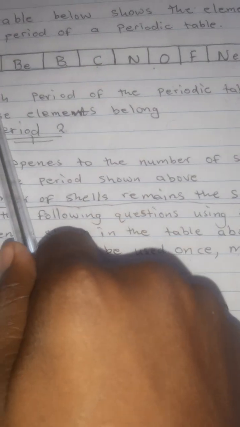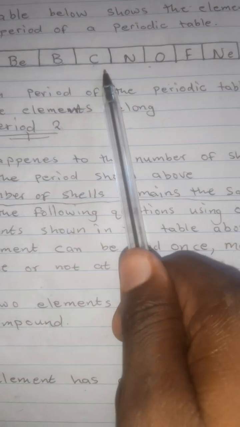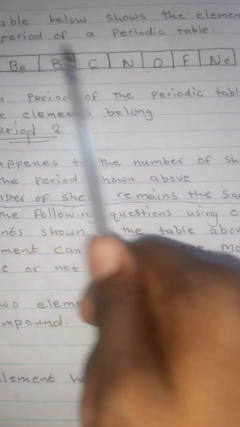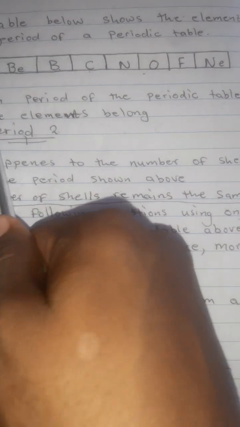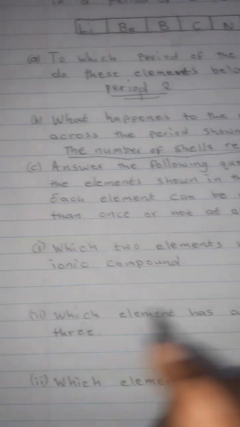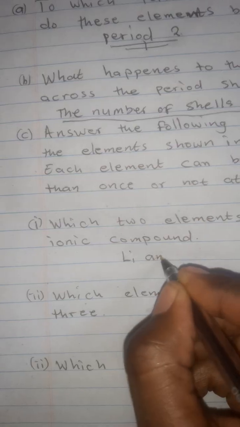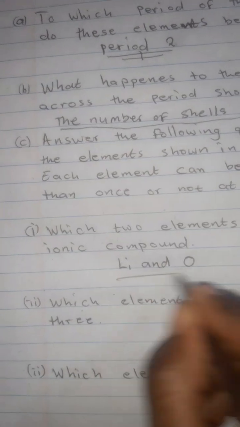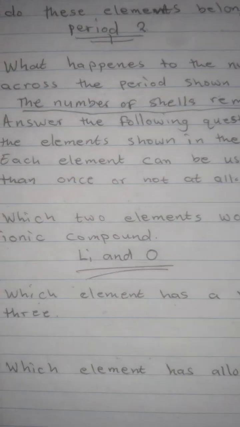We can have lithium carbonate, lithium nitrate, lithium oxide. You can pick one, so long as it is a metal and a non-metal. So you just say lithium and oxygen. These are the two elements which will form an ionic compound.